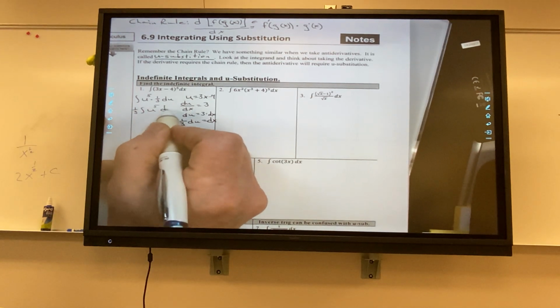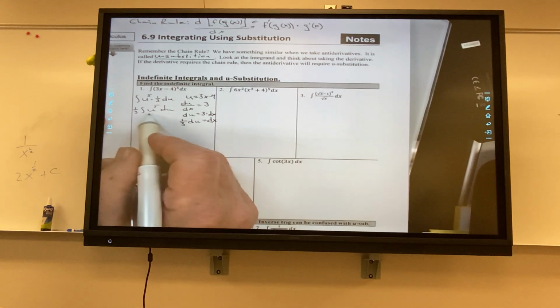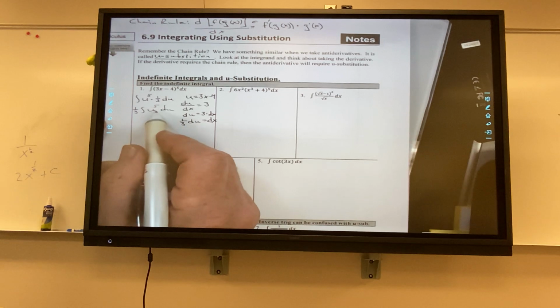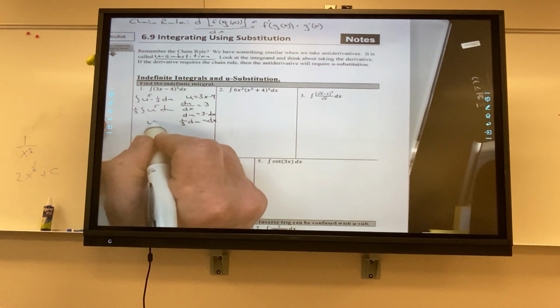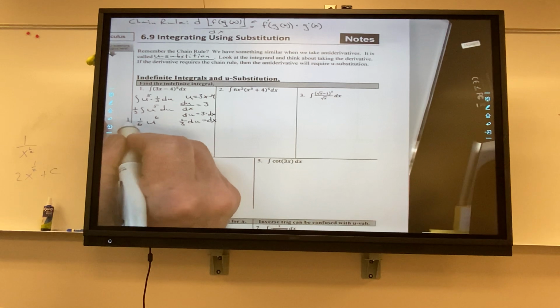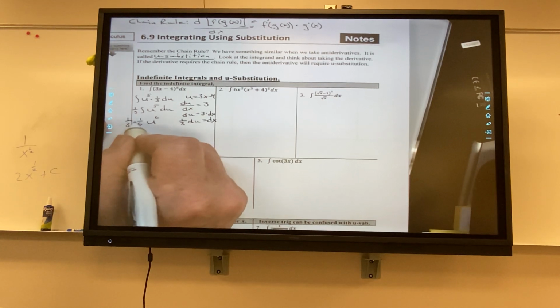So what I've done is I created an integral that's a lot simpler. And you go, okay, this is just reversing the power rule. What do I do here? I add 1, so that becomes 6. I multiply by its reciprocal. I have a 1/6 here, but I also have a 1/3 I'm multiplying by.